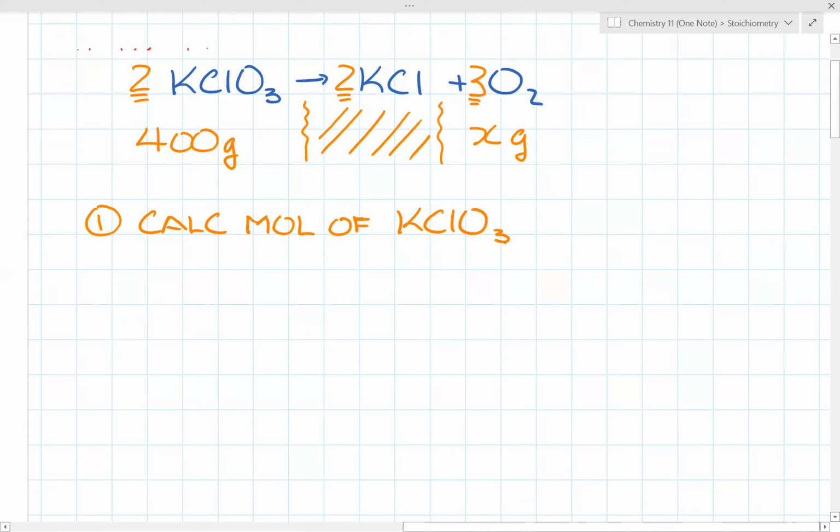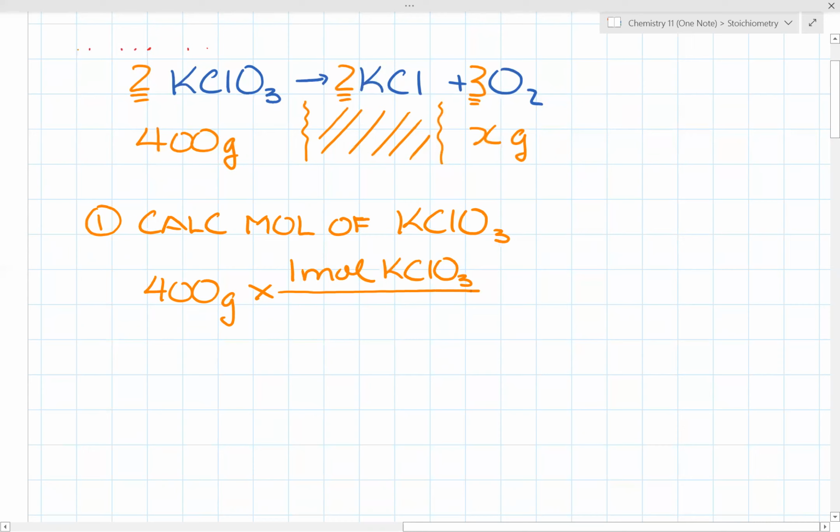Okay, so the moles of KClO3, let me just get my periodic table out here. Whatever way you do it, you go 400 grams times 1 mole of KClO3, all over the molar mass of KClO3.